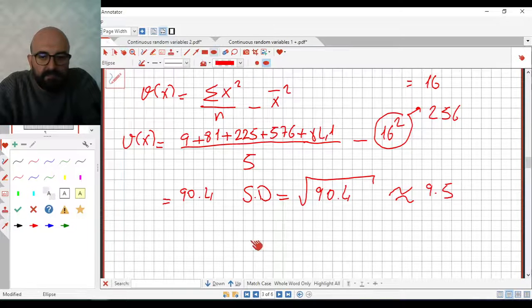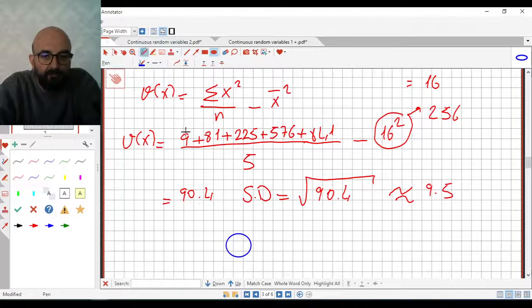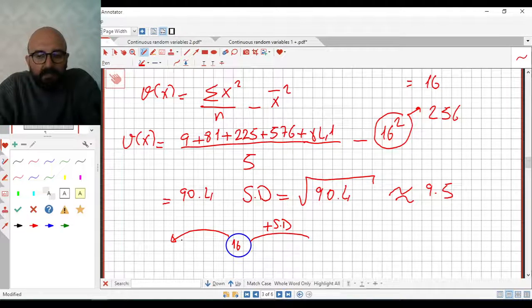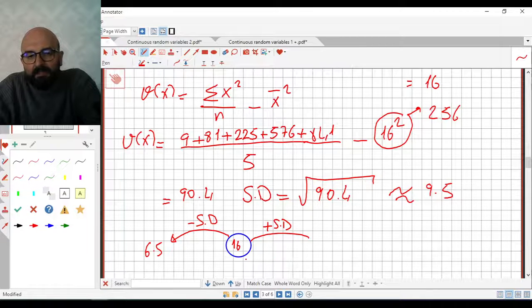One standard deviation plus the mean, and back to the mean, one standard deviation minus. 16 minus 9.5 means 6.5, and 16 plus the standard deviation is 25.5.